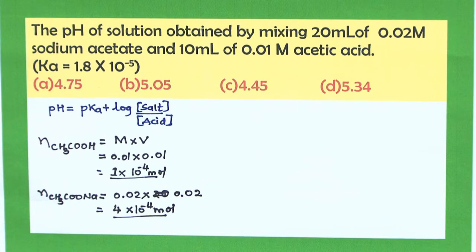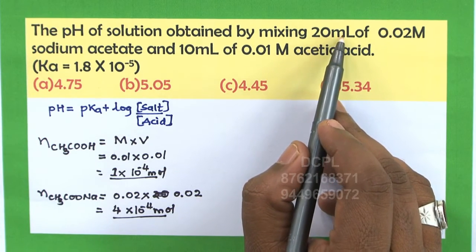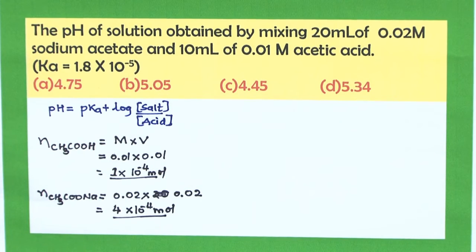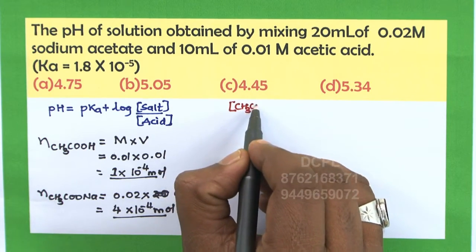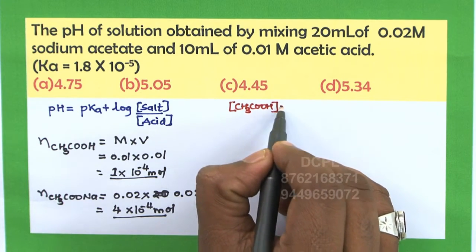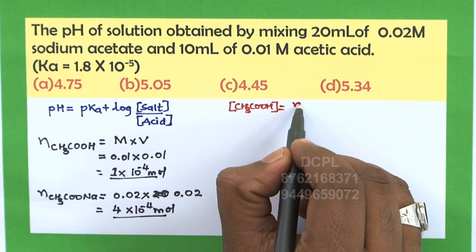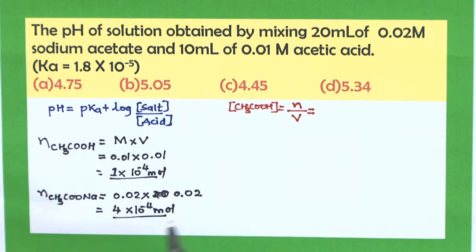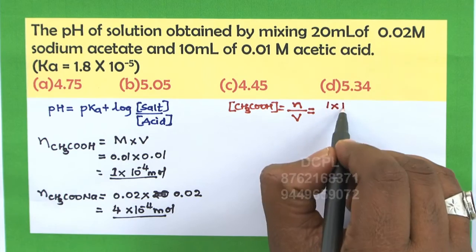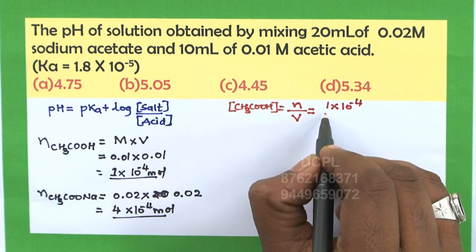But when you mix 20 ml sodium acetate solution with 10 ml of acetic acid, the concentration of salt as well as the acid varies. So let us find the concentration of acetic acid. Concentration of acetic acid in the solution is given by the number of moles of acetic acid divided by volume. That is, number of moles of acetic acid is 1 into 10 to the power minus 4 divided by the total volume.